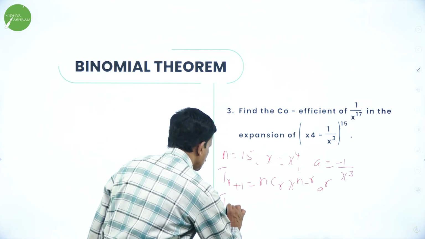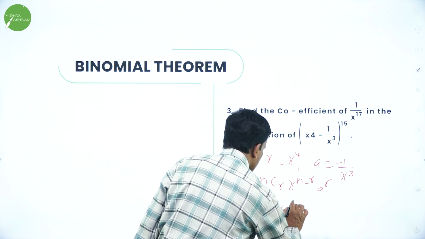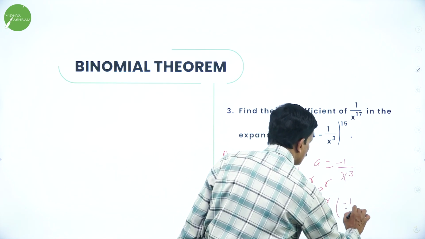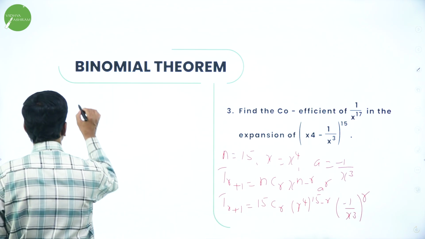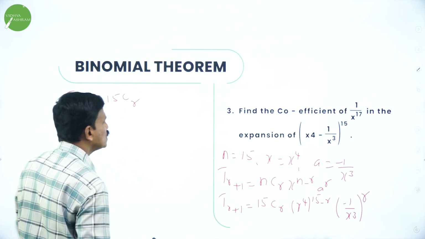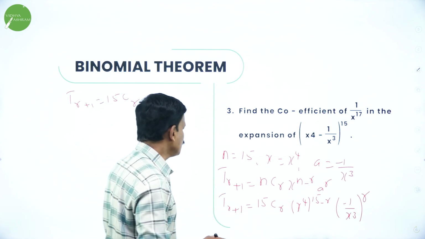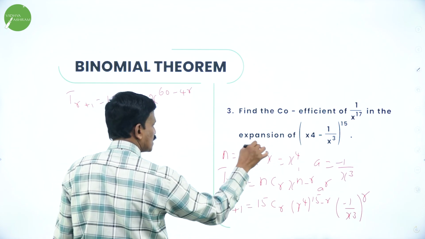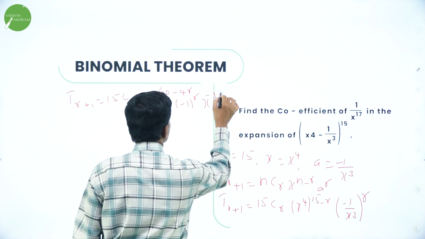Just substitute it. Tr plus 1 is equal to nCr. What is n? n is 15Cr. What is x? x is x to the power of 15 minus r into a, minus 1 over x cube whole to the power of r. So simplify this. So this is nothing but Tr plus 1 is equal to 15Cr x to the power of, multiplied, if you multiply by 4, 15 4s are 60 minus 4r, and just take this to the numerator, minus 1 to the power of r into x to the power of minus 3r.